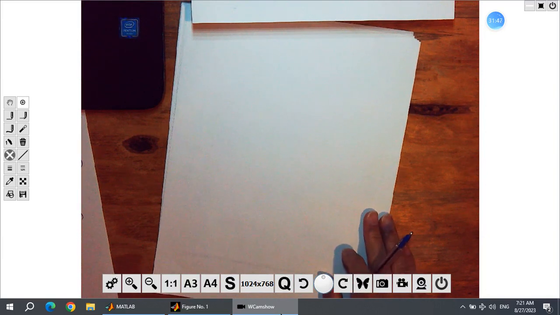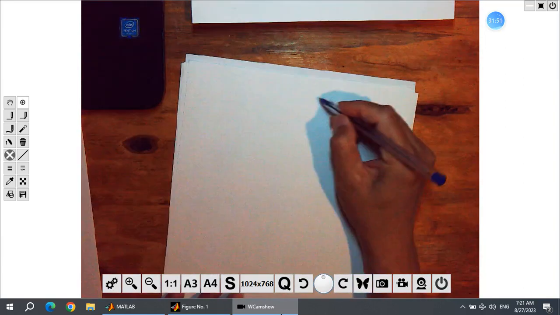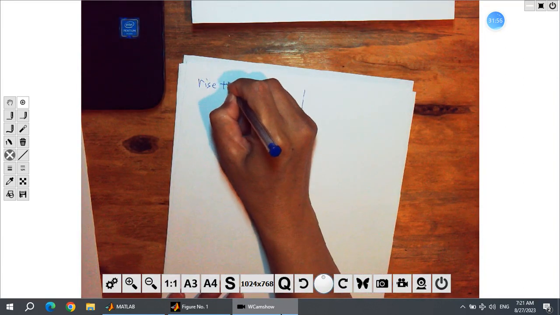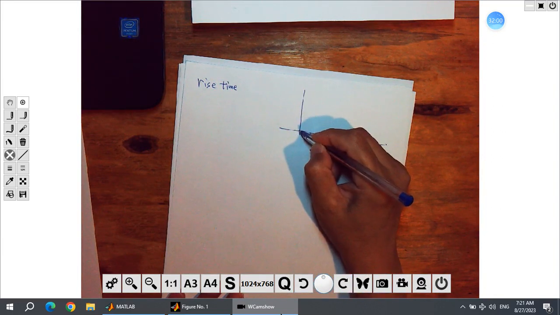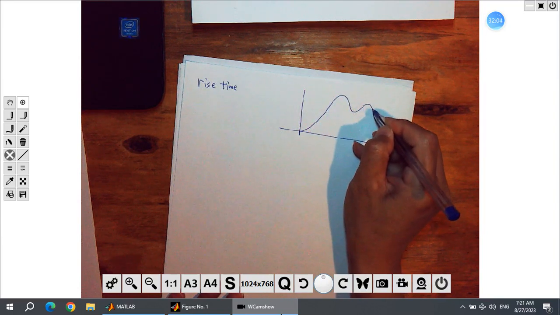Alright. Then we have another time. This is rise time. What is rise? You see, the step response is rising, right? Coming up and down and up and down, like this.